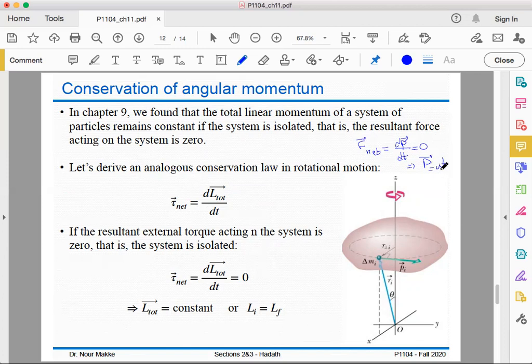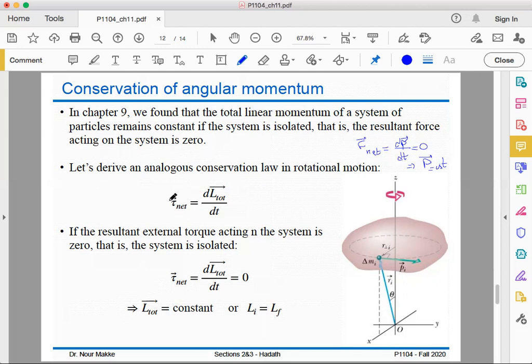Here we can do the same thing, but instead of using Newton's second law for translation, we're going to use Newton's second law for rotation. And this Newton's second law for rotation will allow us to derive a new conservation law.